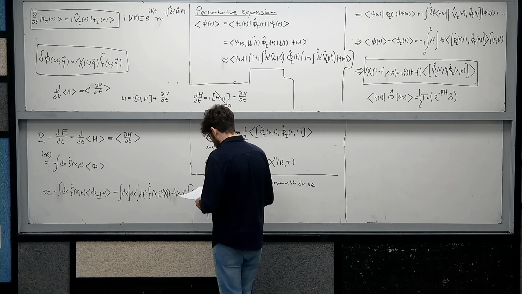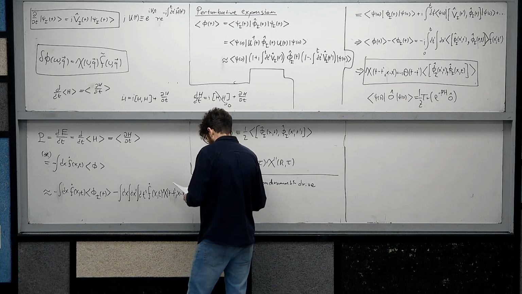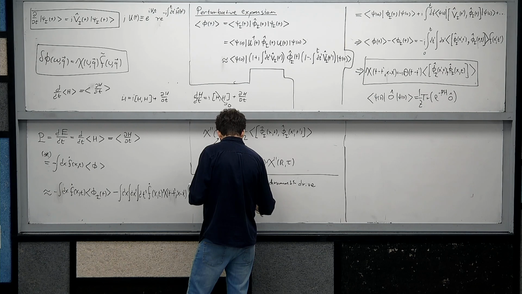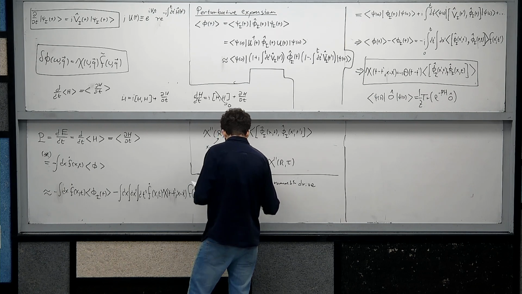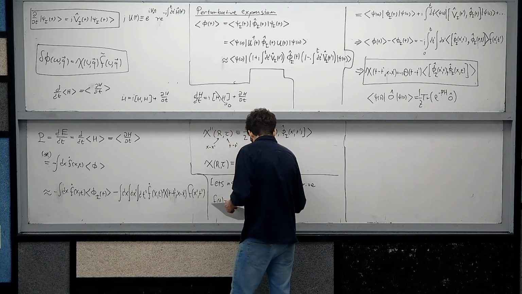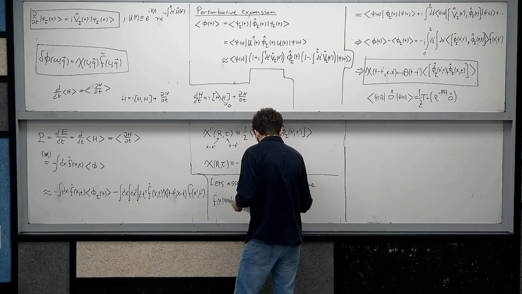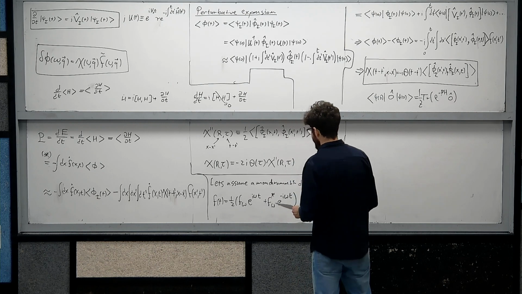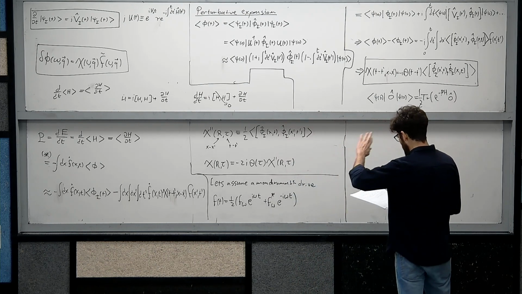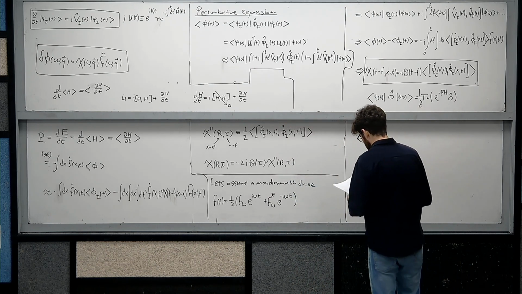I assume that f of t is something like 1/2 f(omega) e^{i omega t} plus f star(omega) e^{-i omega t}, and I neglect the spatial dependence.